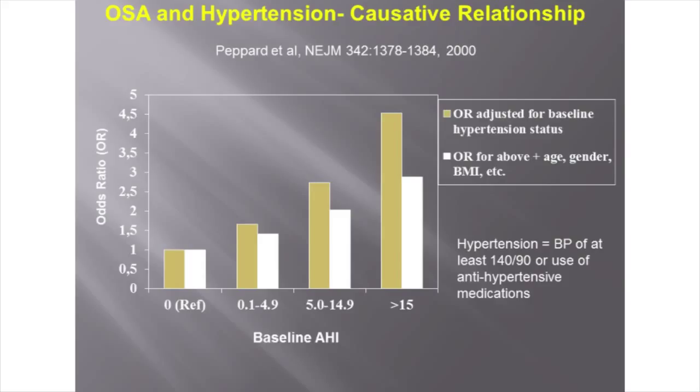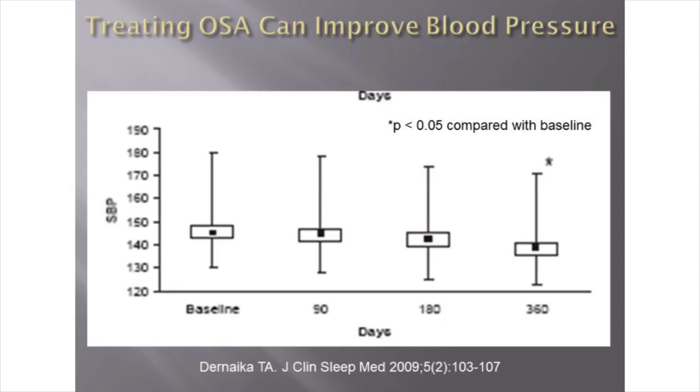There is certainly a causal relationship between obstructive sleep apnea and hypertension, and also there is numerous data showing that treatment of obstructive sleep apnea leads to better blood pressure control.